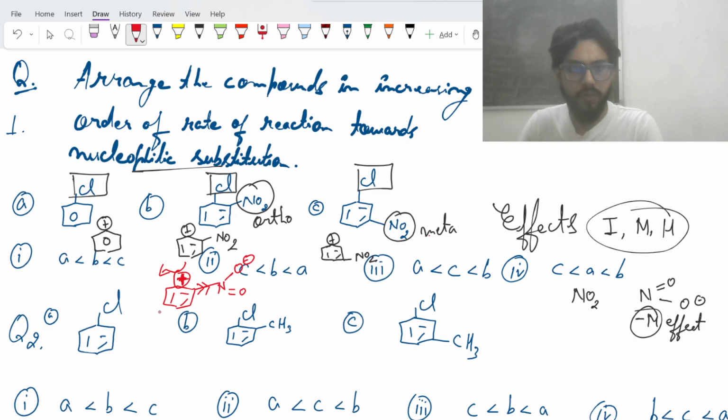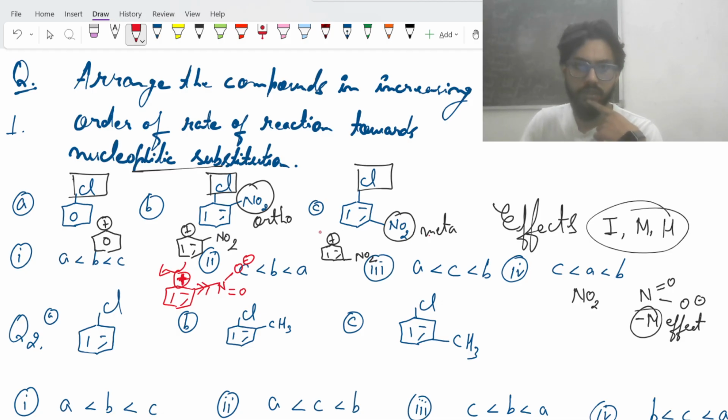So I think this is not suited to a fast SN1, because a fast SN1 requires the formation of a stable carbocation. The positive charge here is much greater.